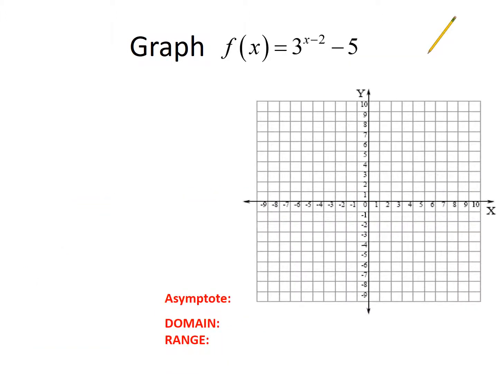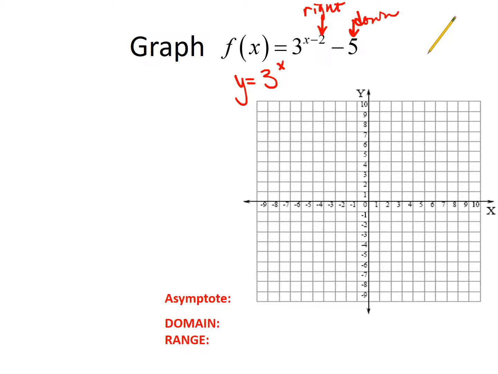Okay, example number 2 is the function f of x is equal to 3 to the x minus 2, all minus 5. So my parent function for this is going to be y is equal to 3 to the x. And then the -2 and the -5 are my movements that are moving right 2, remember it's the opposite sign, and down 5.